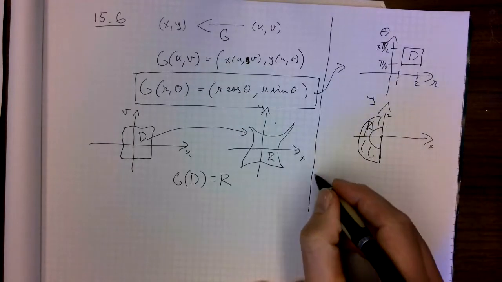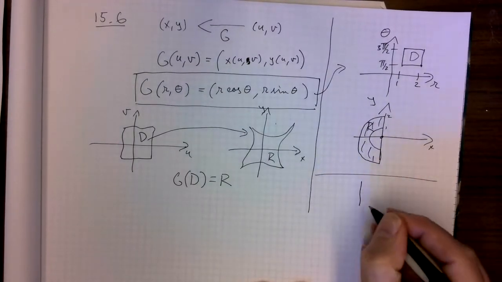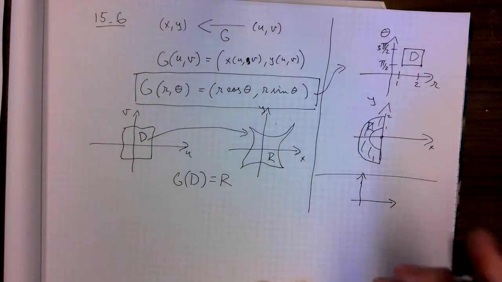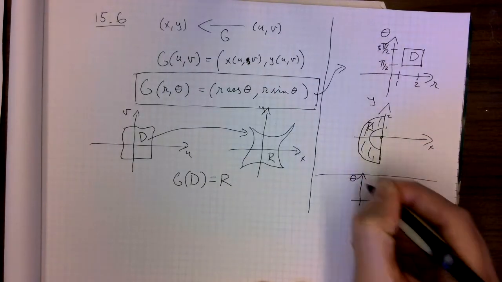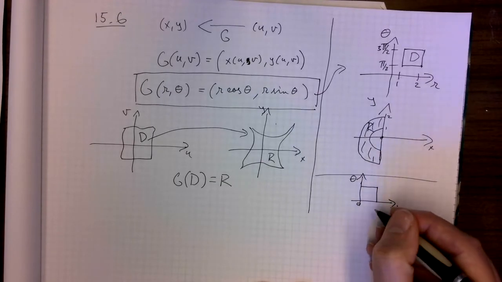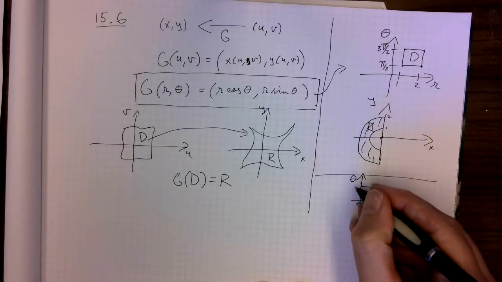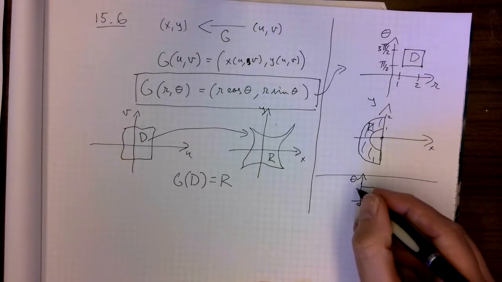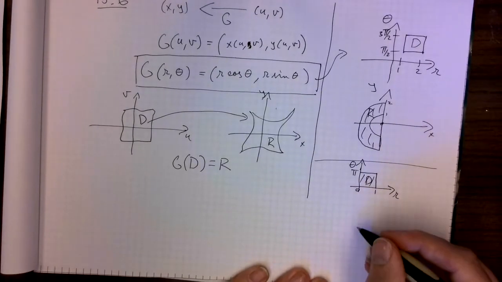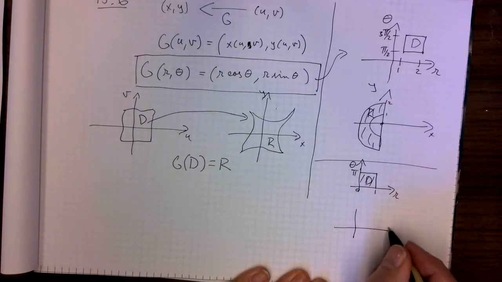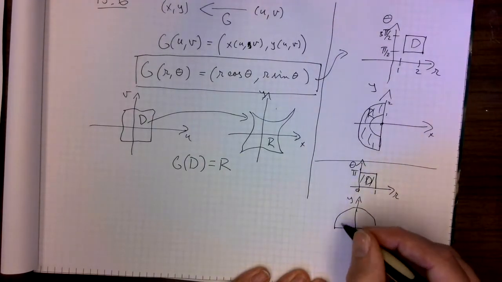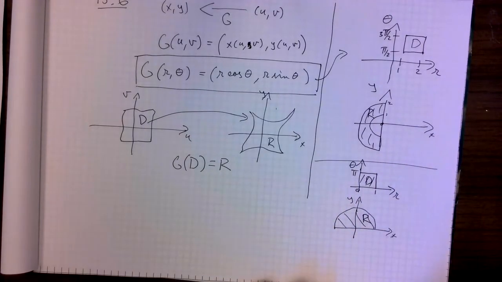Now, maybe another example of, as I was saying, sometimes it's okay for some points to go to a single point. So, for example, if we have this rectangle from 0 to 1, and from 0 to, let's do pi, right? This is our D. Then our R is going to be the upper half circle, right?